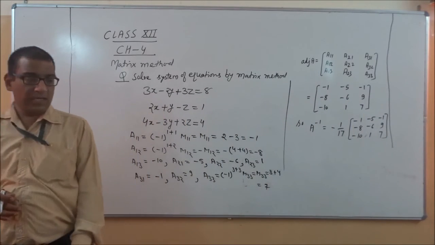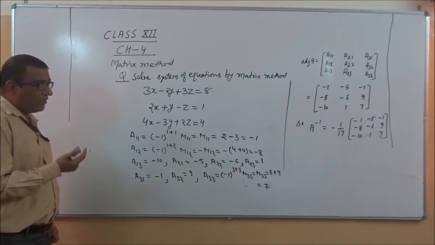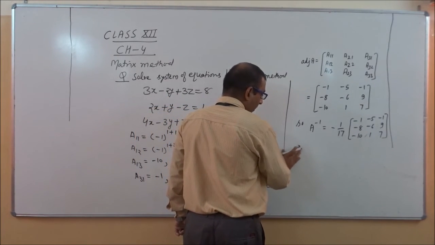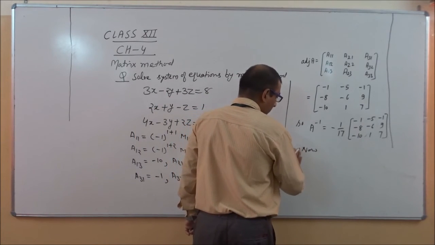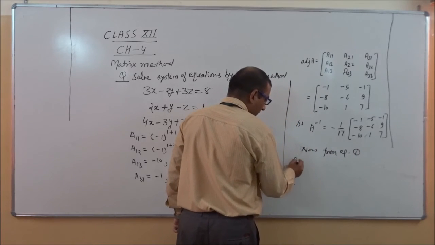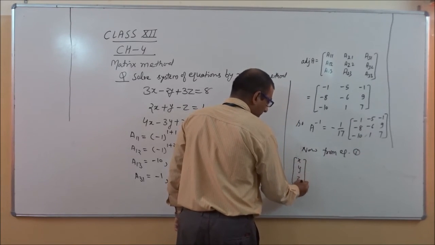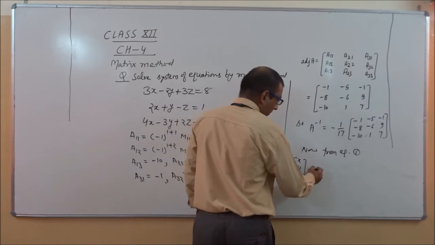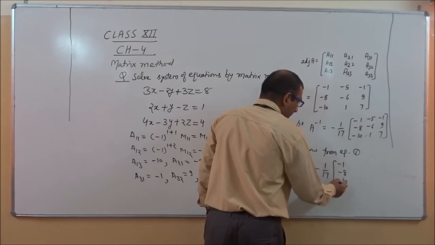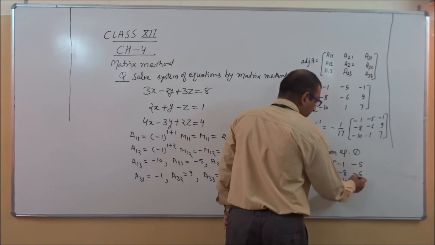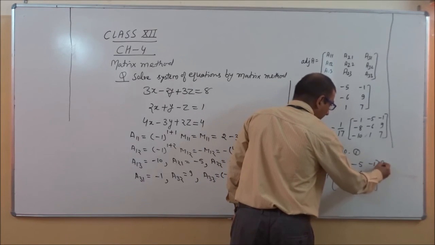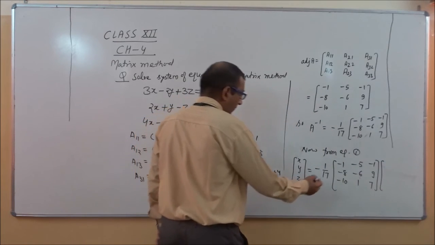Capital X we know very well, capital B we know very well. Now put all these values in equation number first. From equation first, I will put the value of capital X as xyz, then the value of A inverse, minus 1 upon 17, matrix minus 1, minus 8, minus 10, minus 5, minus 6, positive 1, minus 1, positive 9 and 7, and the value of B is 8, 1 and 4.